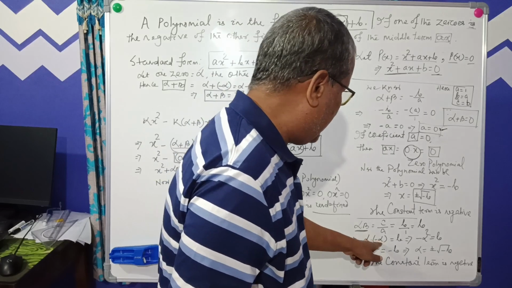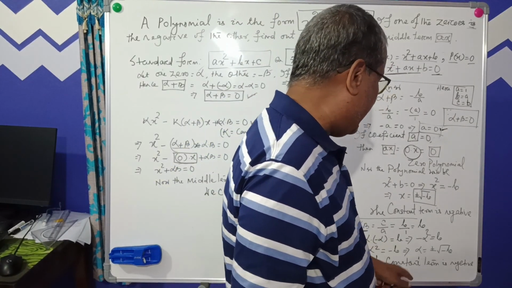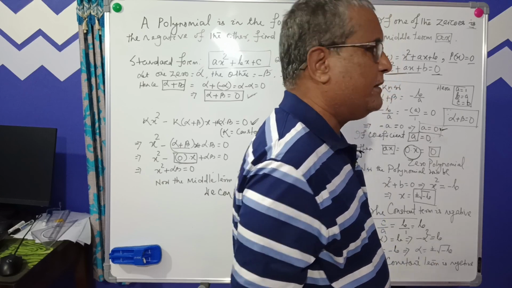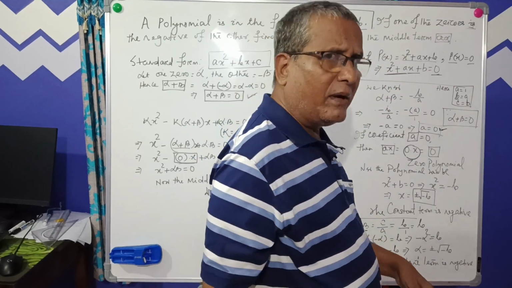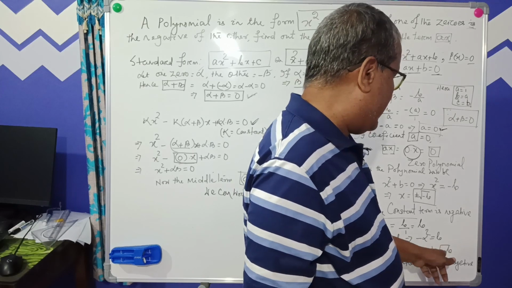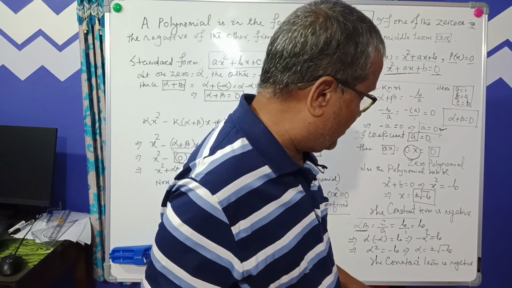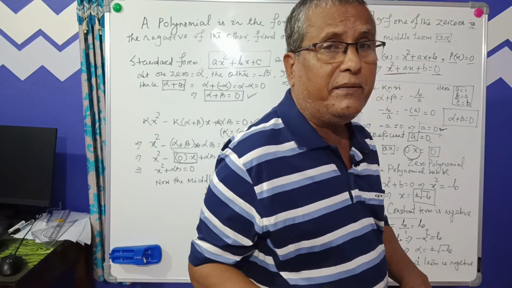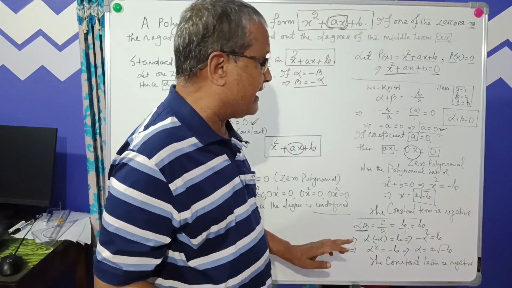So alpha into minus alpha is equal to b, which implies minus alpha square is equal to b, or alpha square is equal to minus b, and alpha, one of the zeros, is equal to root over minus b. So the constant is less than 0, the constant is a negative term.